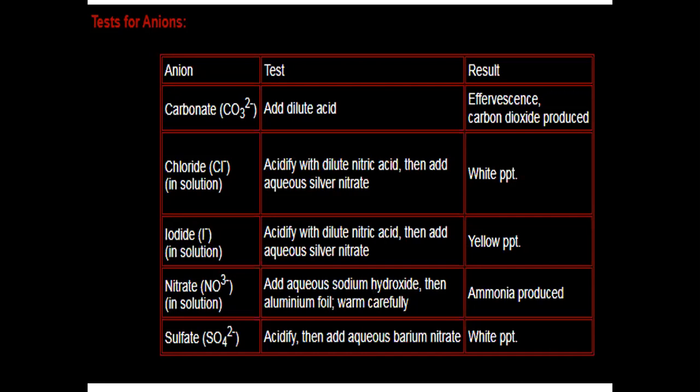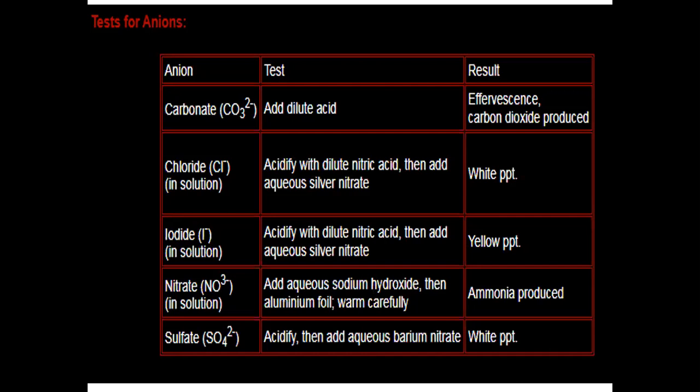That's why they contain negative and positive ions. In the case of anions, like the negative ions, we know that carbonates react with acid. When carbonates react with acid, they produce carbon dioxide. This test is called effervescence, where carbon dioxide bubbles are produced.